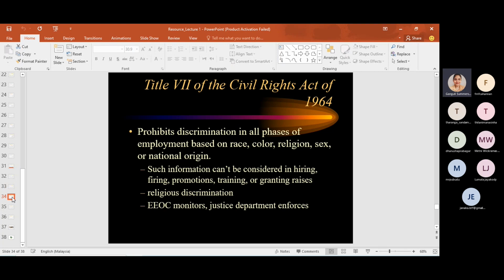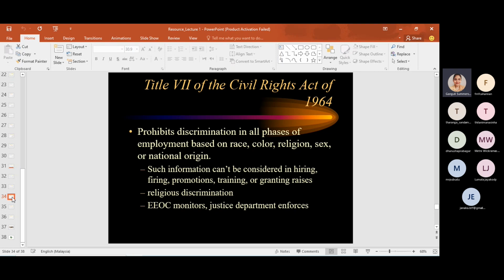Okay, and then we have the Civil Rights Act made in 1964. This Civil Rights Act is basically to protect the civil rights of workers. It mentions that you should prohibit discrimination in all phases of employment based on race, color, religion, sex, or national origin.